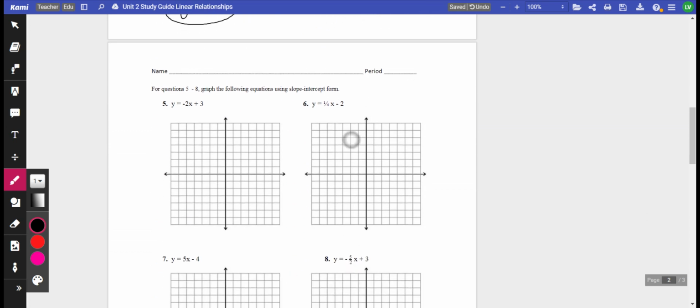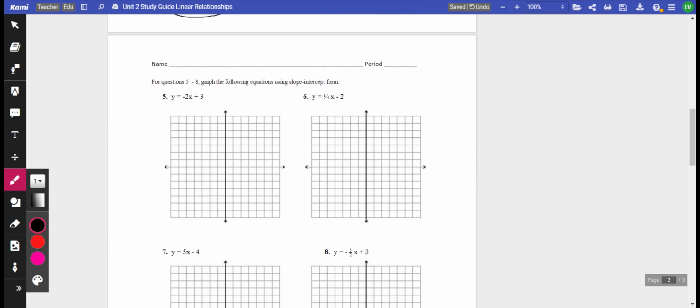Let's move on. Question 5 through 8, we're going to graph the following equations using slope-intercept form. Number 5, well, as a reminder, I'm going to write down my steps of how to do this. 1, find the y-intercept. Second step, find the slope. Third step, graph the y-intercept.